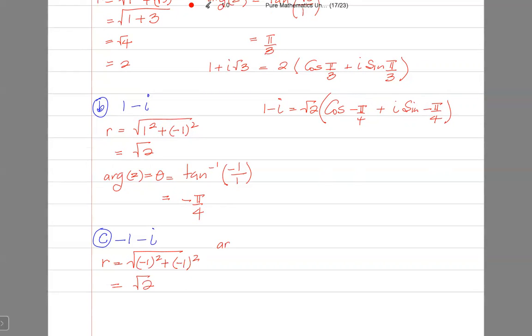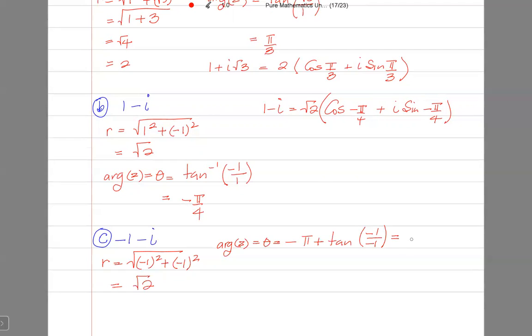The argument theta of z: now minus 1 minus i is the third quadrant. So this is equal to minus pi plus tan inverse of minus 1 over minus 1.